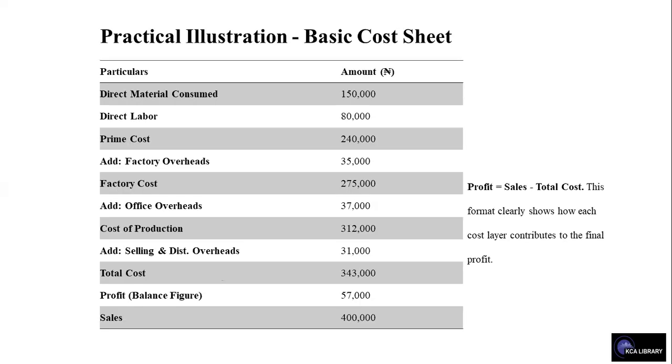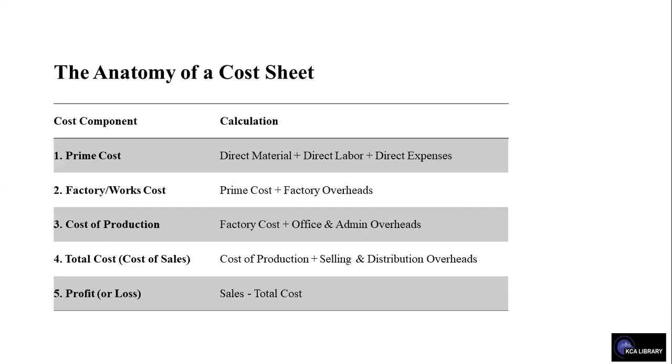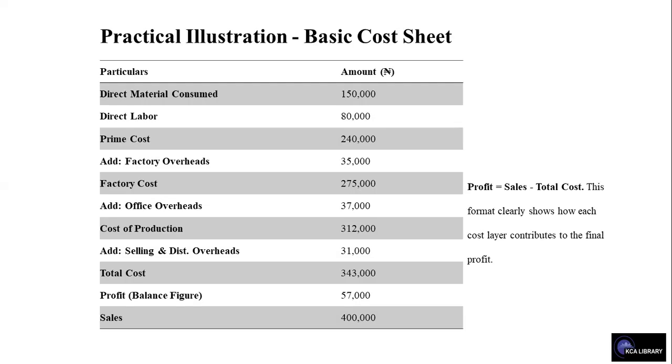From what we just said, you see that it's a sequence following each other, and this is shown in the example of a cost sheet being shown now. You see that the direct material is added to the direct labor, and we have the prime cost.